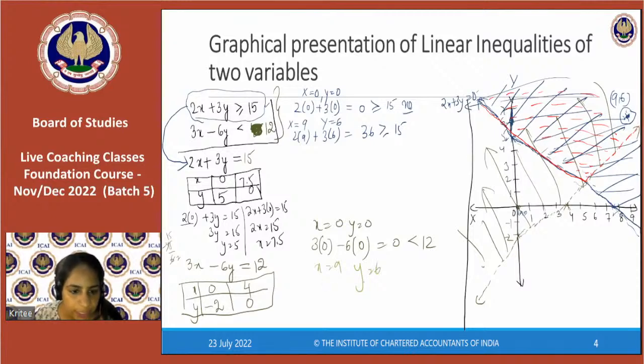So putting it in the equation, 3 into 9 minus 6 into 6. What does it give? 27 minus 36. It is minus 9. Is minus 9 less than 12? Yes, it is. So 9,6, which was there above, is also satisfying.